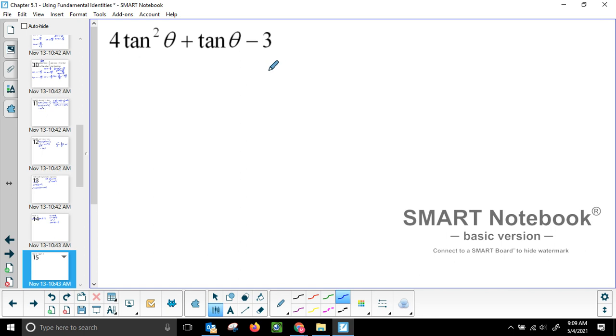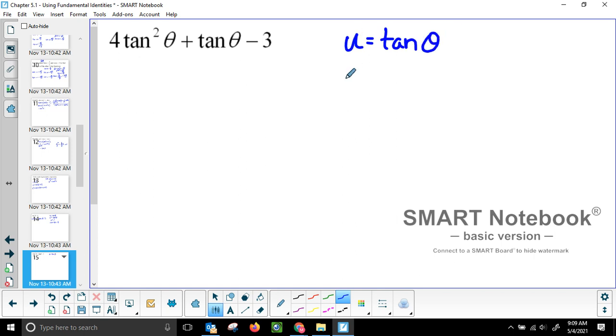Okay, so same concept here, except now we're dealing with trinomials instead of a difference of perfect squares. But again, we can use that same little trick. Say, okay, well, let's let u equal tangent of theta.